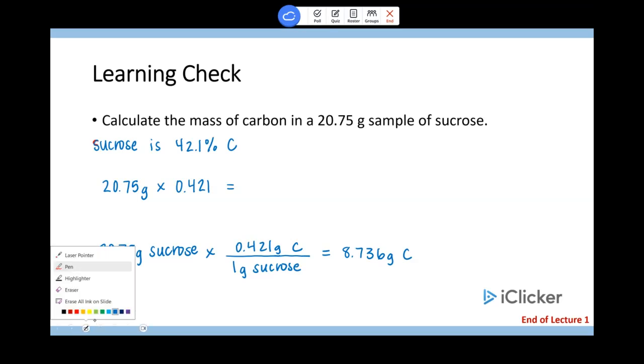We have to think about sig figs. In our mass of sucrose, we have 4 sig figs. In our percentage of carbon in sucrose, we have 3 sig figs. So in our answer, we should have 3 sig figs, so 8.74 grams of carbon.